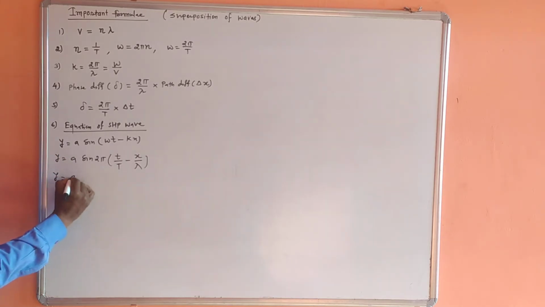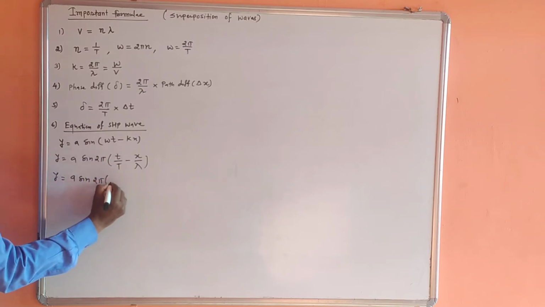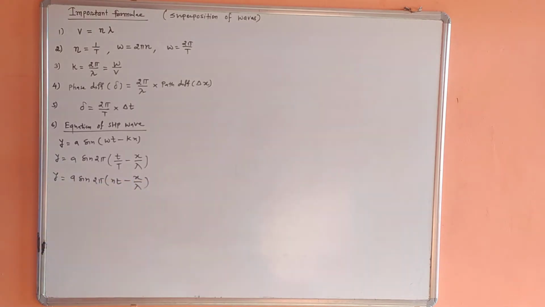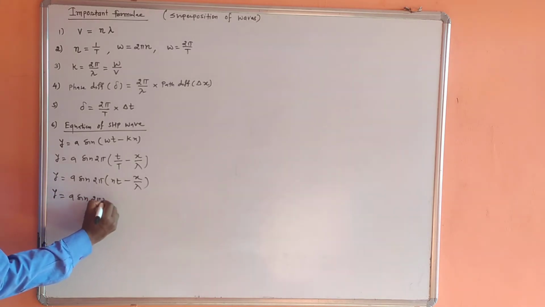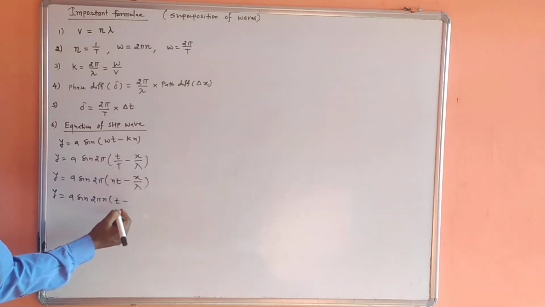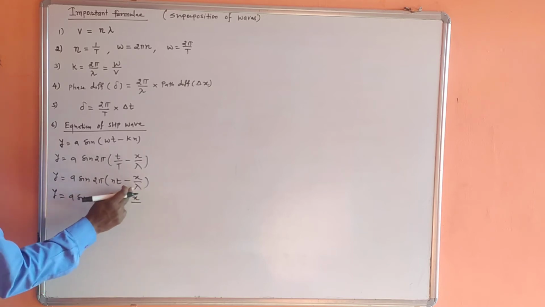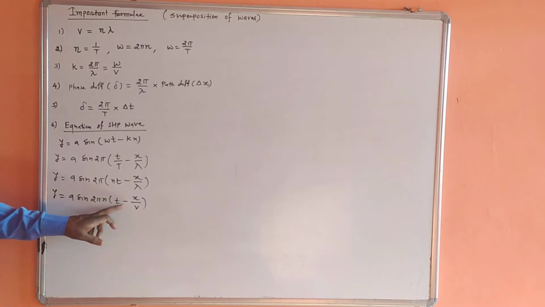So y is a sine, again 2 pi, I will represent 2 pi n t minus x upon lambda. Then y is equal to a sine 2 pi n small t, and here x, since we take n common here, this becomes v, small t minus x upon v.